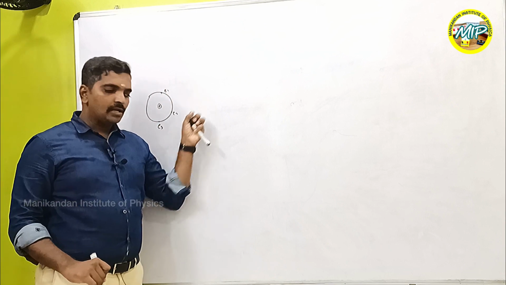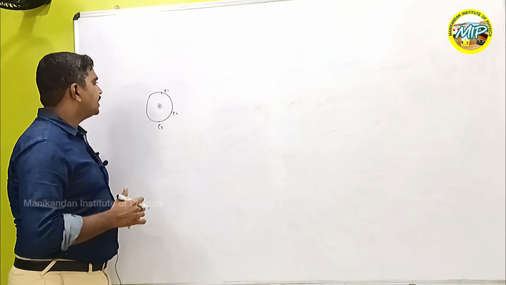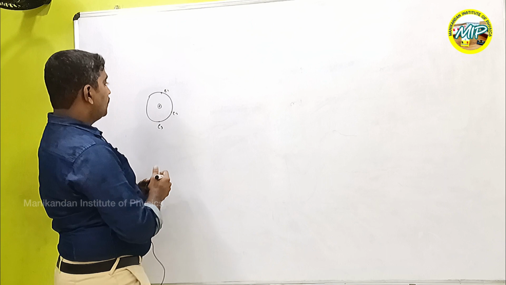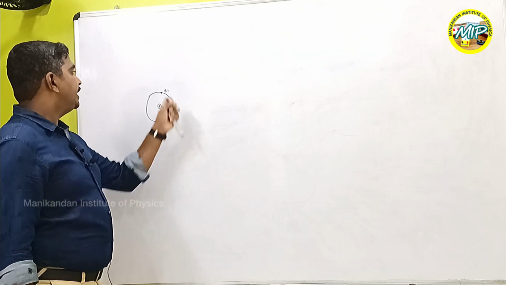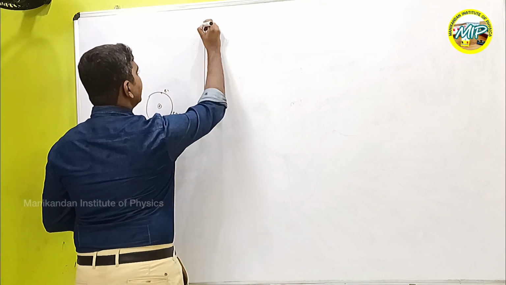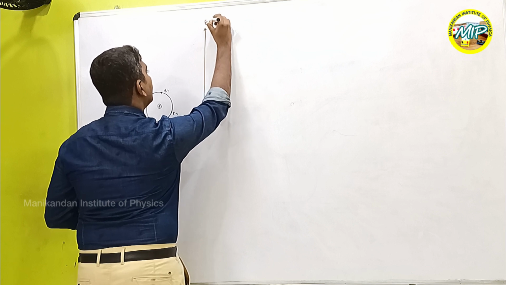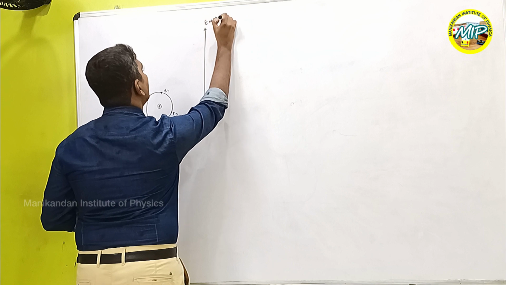Each electron has a different energy level. So what I'm going to do here is plot a graph for the energy of each electron. Listen carefully, this is the energy axis.